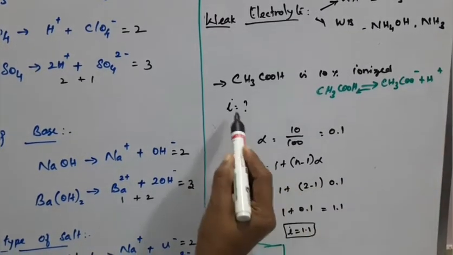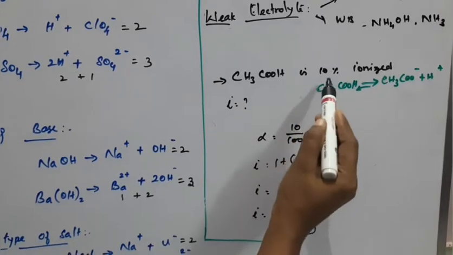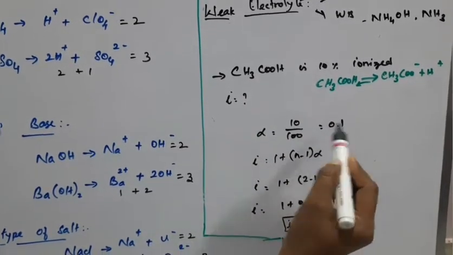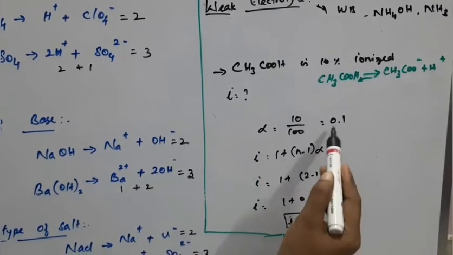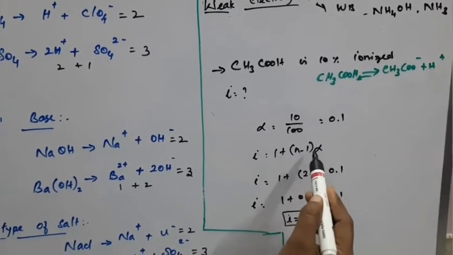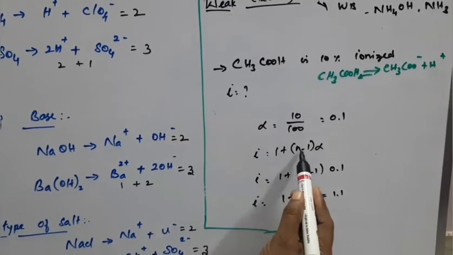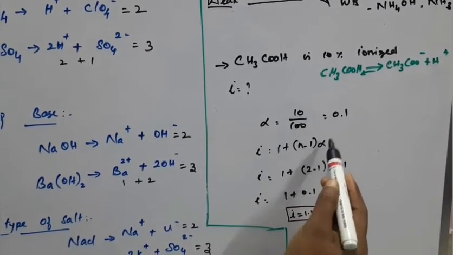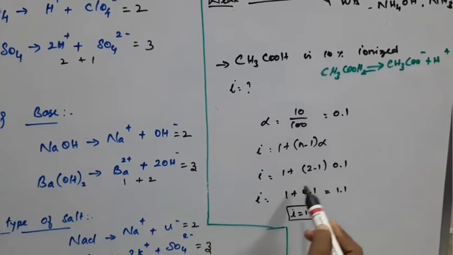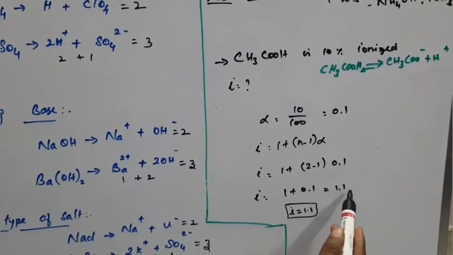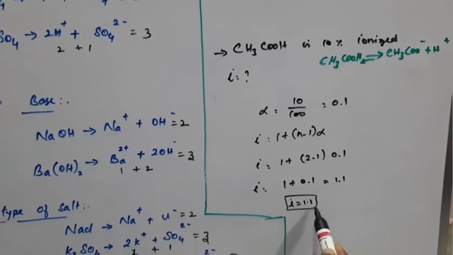Okay, so alpha value is given, how much? 10% ionized. So 10 by 100 equal to 0.1. So that 0.1 value we have to apply in the dissociation equation, that is i equal to 1 plus (n minus 1) alpha. So alpha is 0.1. Okay, so that is 1 plus 0.1 equal to 1.1. So the i value is 1.1.